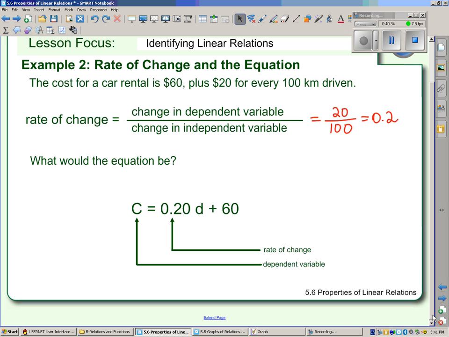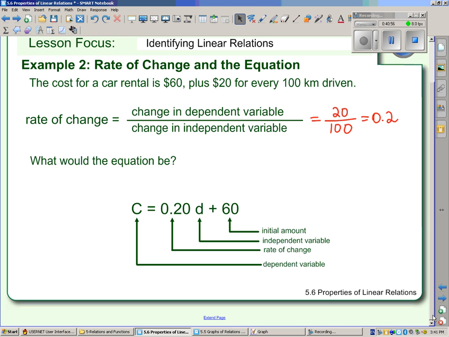What's the D? We said it's the distance driven. Yes, we call that the independent variable. And 60, well, that's the initial amount or the initial cost. This is a partial variation, is what our old textbook called it.